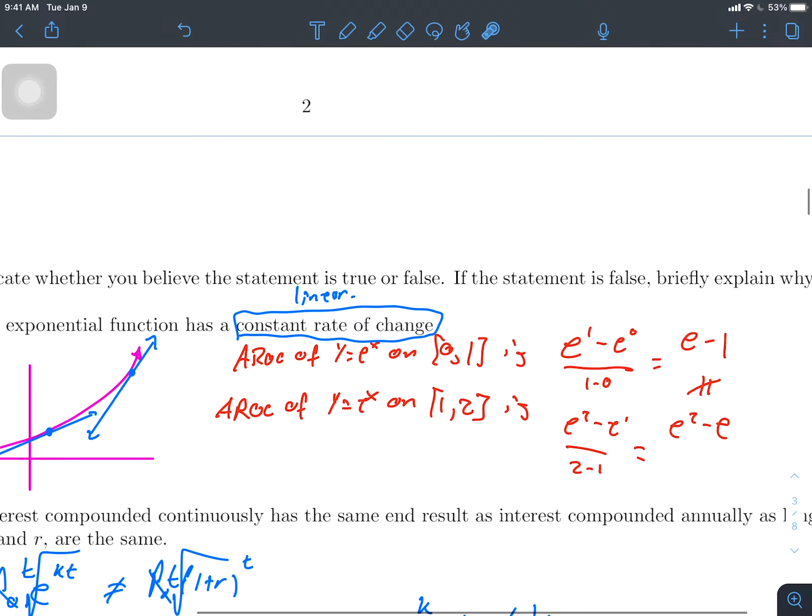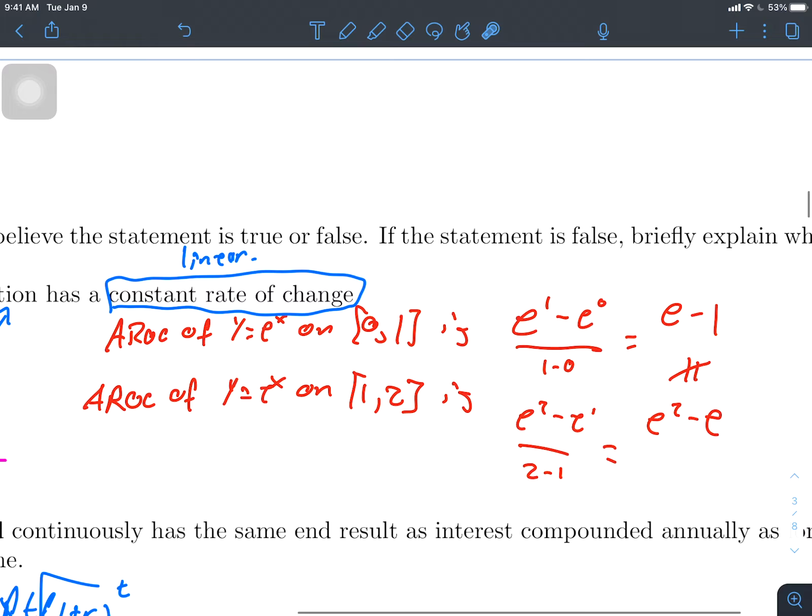Or you could also take a look at the average rate of change of the function y equals e to the x on the interval from 0 to 1 and then on the interval from 1 to 2. If you do it on 0 to 1, you get e to the 1 minus e to the 0. So that's just e minus 1, divided by 1. So you get e minus 1 as the average rate of change on this interval.